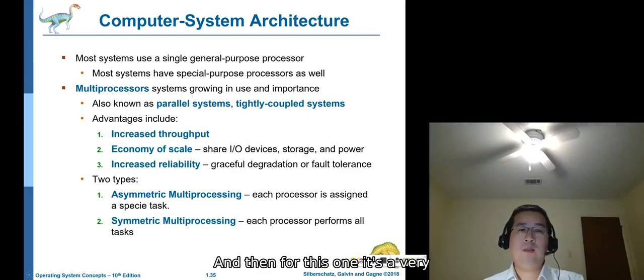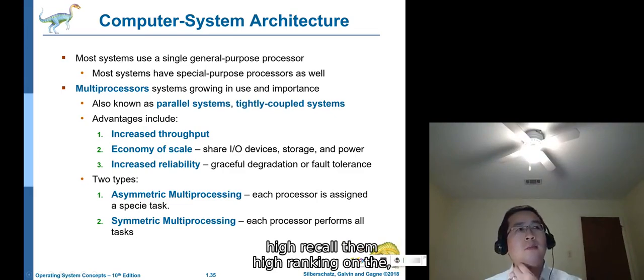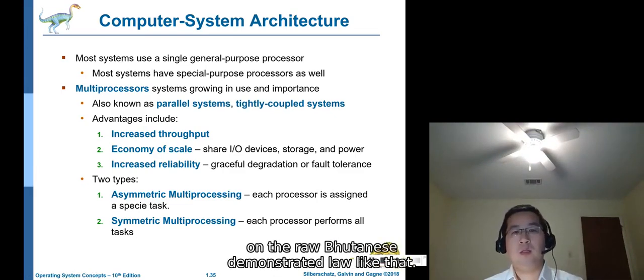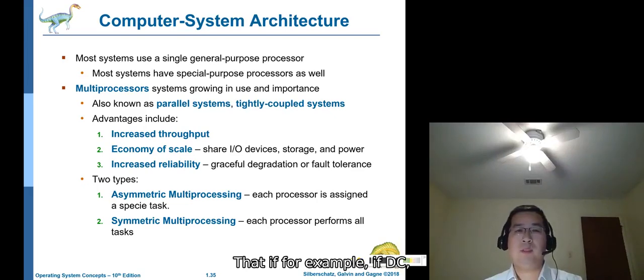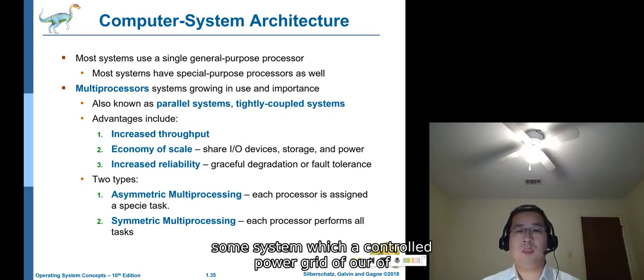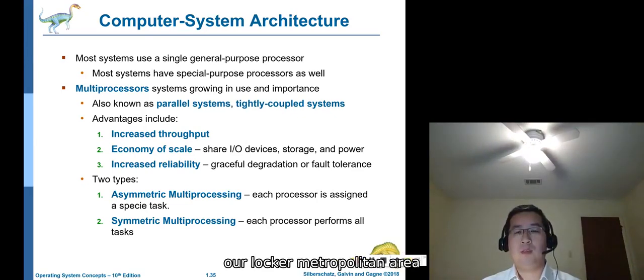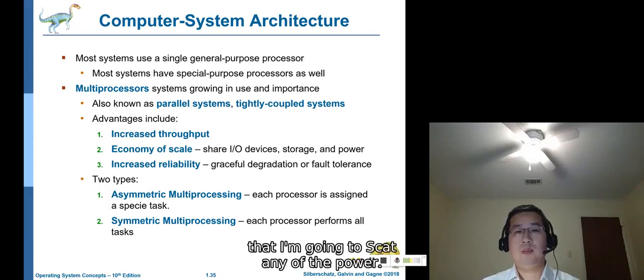If there is a very high requirement on robustness, that means it's not like our personal computer, where if something is wrong, we can restart. For example, if this is a system which controls the power grid of our local metropolitan area, like the scheduling of the power, that is very important.